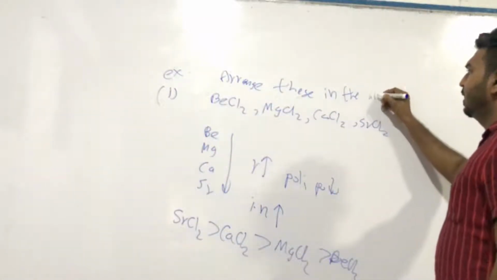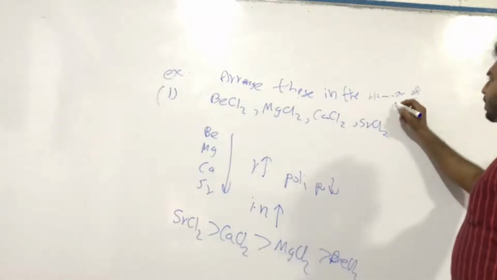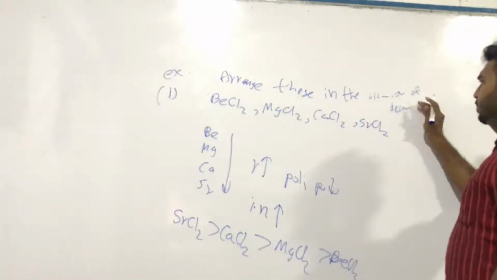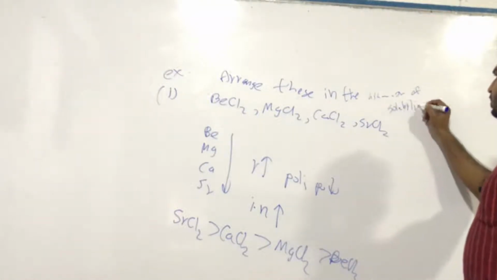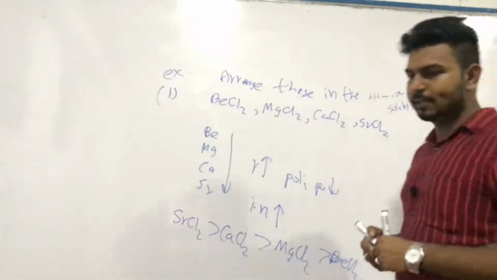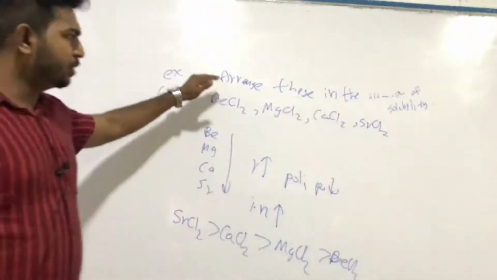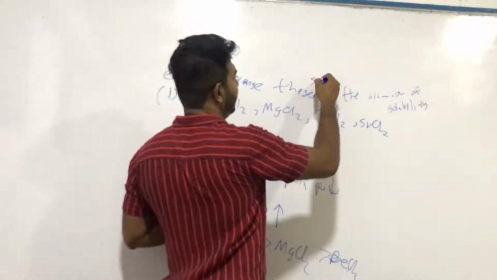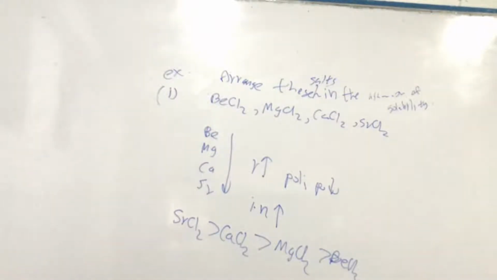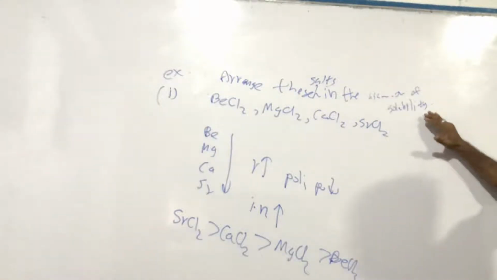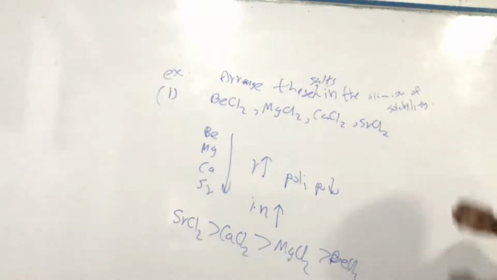Arrange these in the ascending order of decomposition temperature or ascending order of solubility. So they write this example: arrange these salts in the ascending order of water solubility.